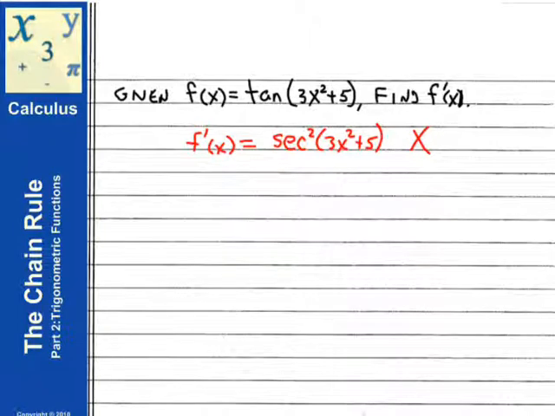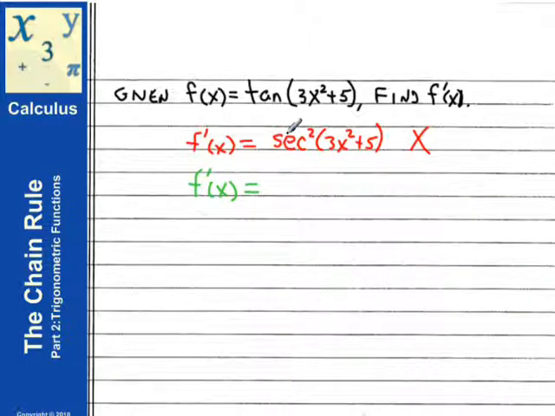The correct thing to do is to remember that when we're taking the derivative of a trig function, and the argument of our trig function is not simply x, or the variable to the first power, then we do have to use the chain rule.